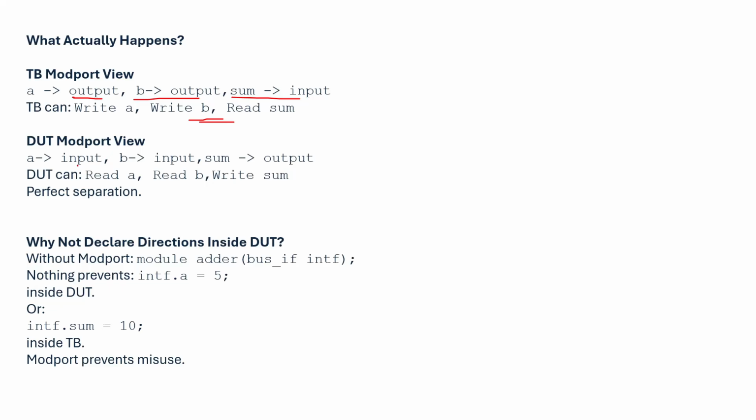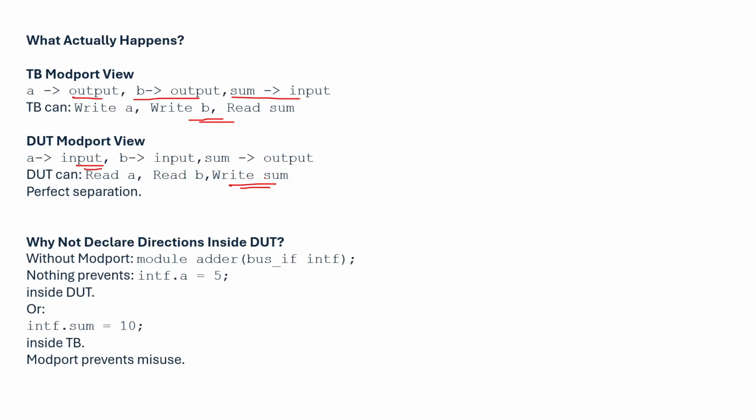And for the DUT, it is reading A and reading B from the TB, because the DUT is getting the signals from the TB. That is reading. And sum is writing to the TB.